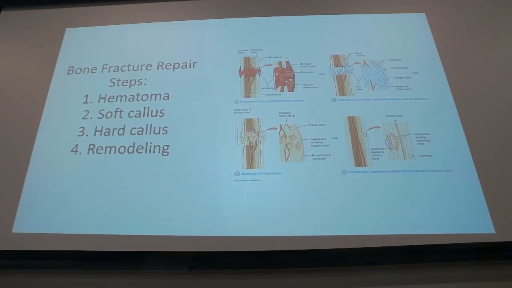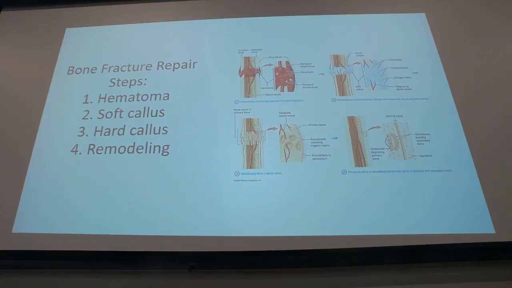It's important to have blood because where do we have the calcium ions? Where do we have the amino acids to form collagen? Where do we have the growth hormone? We have it in the blood. So then your blood vessels help to bring these materials to repair the bone.